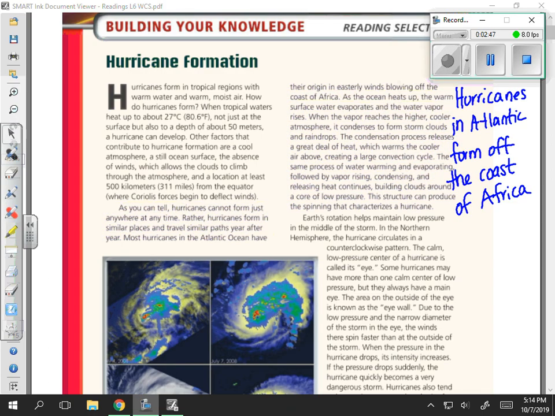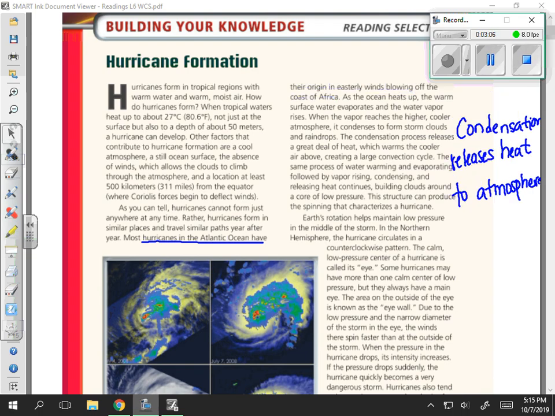So this paragraph has a whole bunch of information, so let's break it down. The first piece they're talking about is in the Atlantic Ocean, hurricanes are forming off the coast of Africa. And so we can look at the coast of Africa and start looking at developing storms.